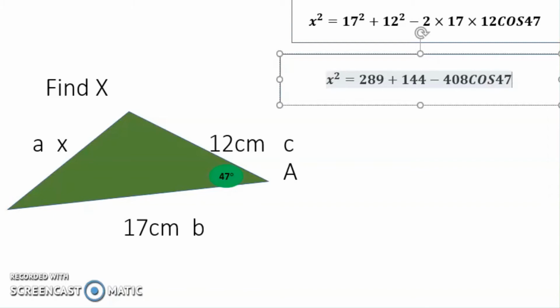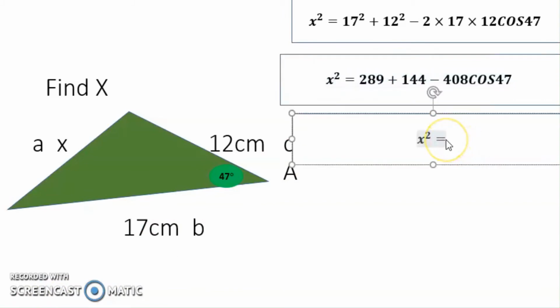So this is what we have. Now simplifying this further, 289 plus 144 is 433.